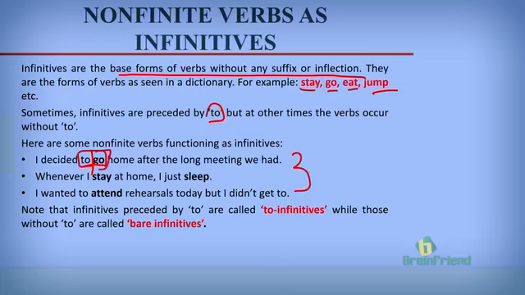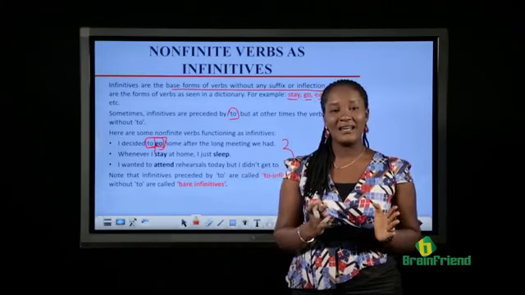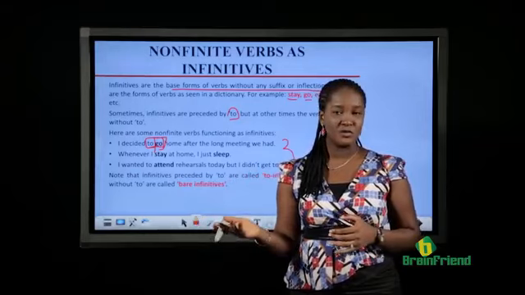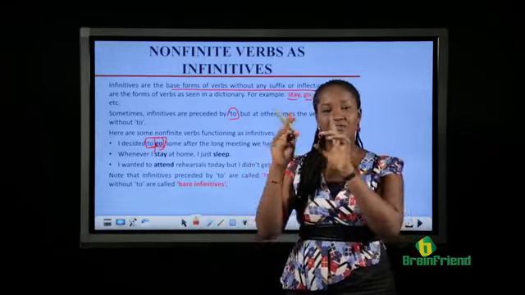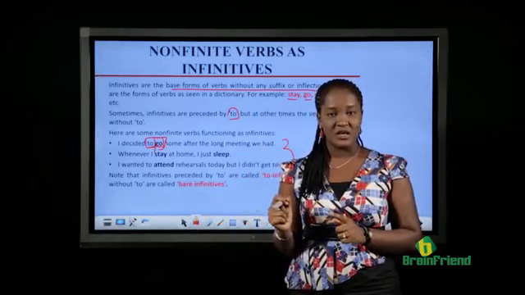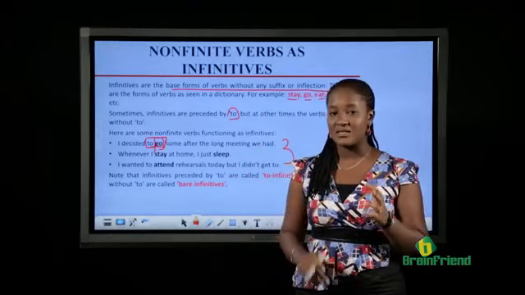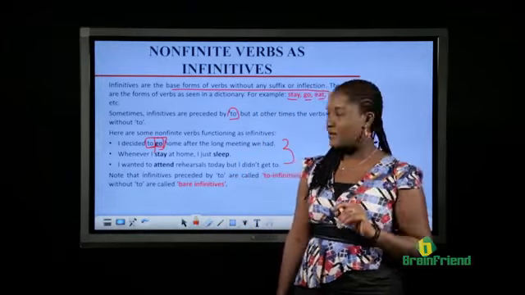It's usually in the base form without ing or ed. You cannot say, I decided to going, or I decided to cooked the food. It will be wrong. So when you find to preceding a verb, that verb is an infinitive, and it usually appears in the base form or the ordinary form.